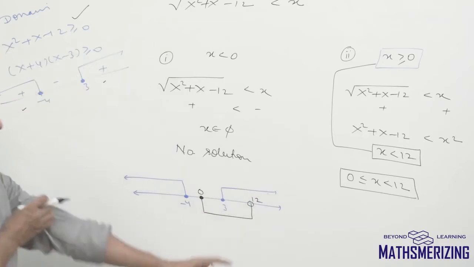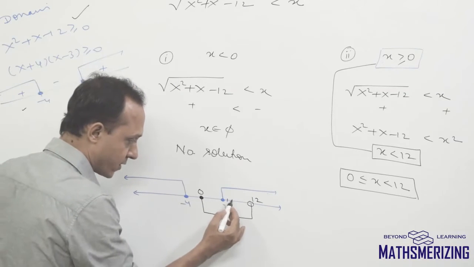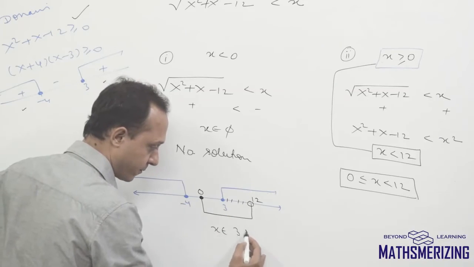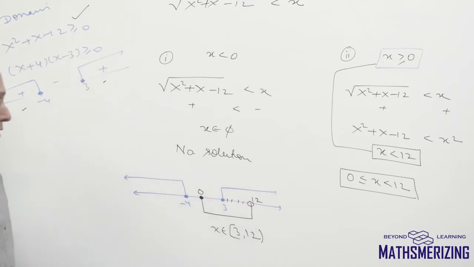The interval where both conditions exist simultaneously is between 3 and 12. So x belongs to 3 to 12, 3 included and 12 not included.